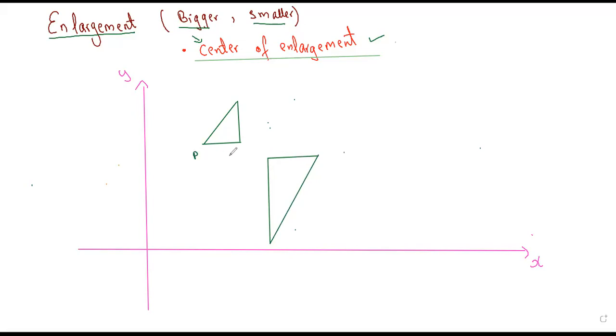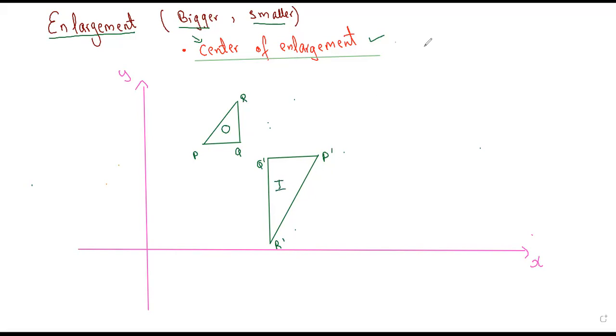This point is P, Q, and R. This point is P dash, Q dash, and R dash. So we have both the object and the image.